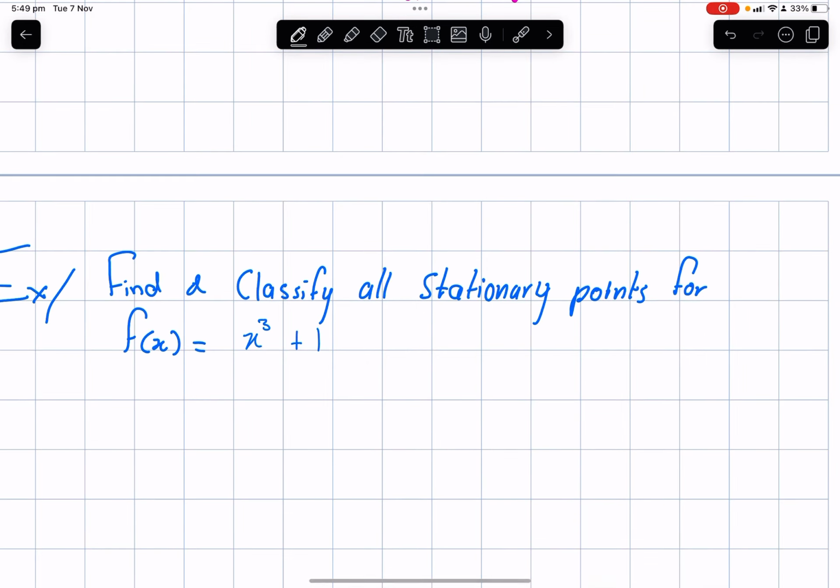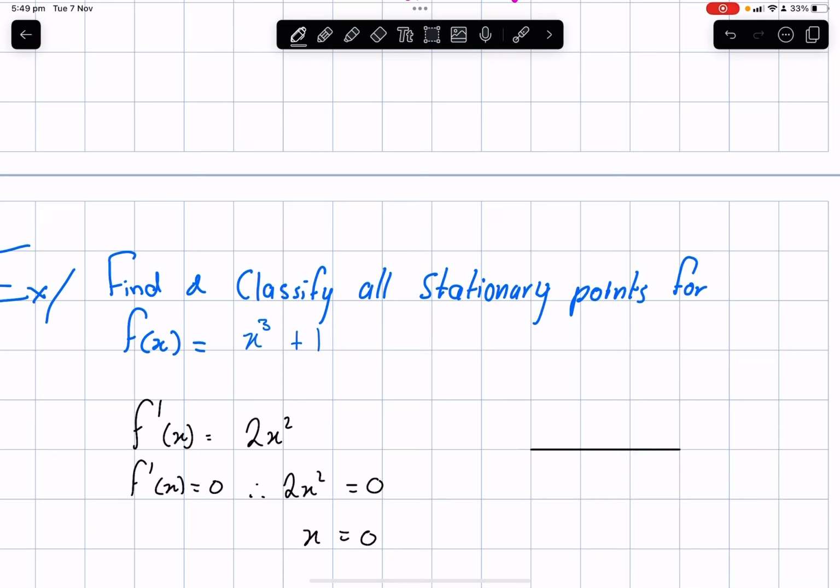So let's find the derivative, f dash of x. That is 3x squared, and the 1 drops off to be 0, so there's my derivative function. Now we find where f dash of x is equal to 0. So 3x squared equals 0, and that means x has to be 0.